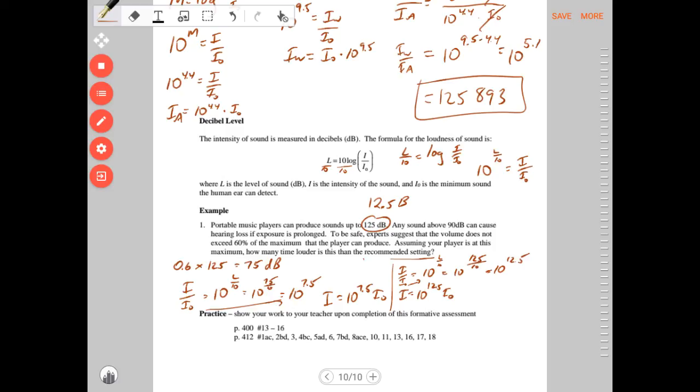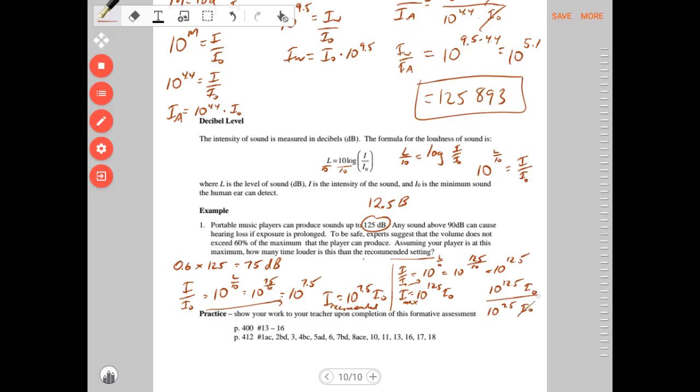Now if I want to compare these things, how many times louder is the maximum? So that's the maximum, and this is the recommended. So we have 10 to the 12.5 I0 over 10 to the 7.5 I0.